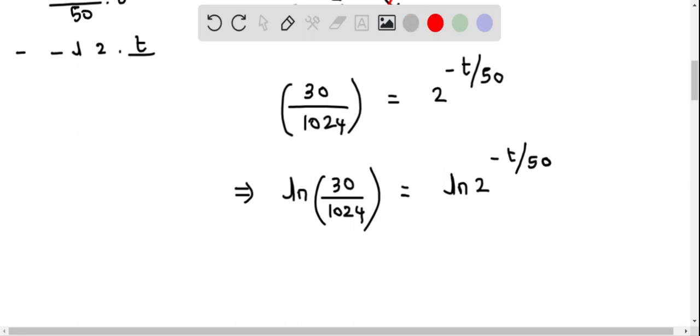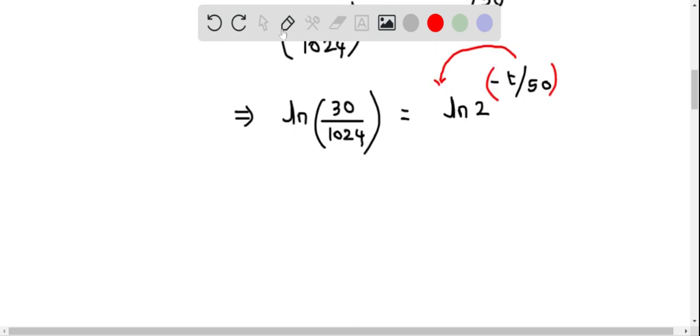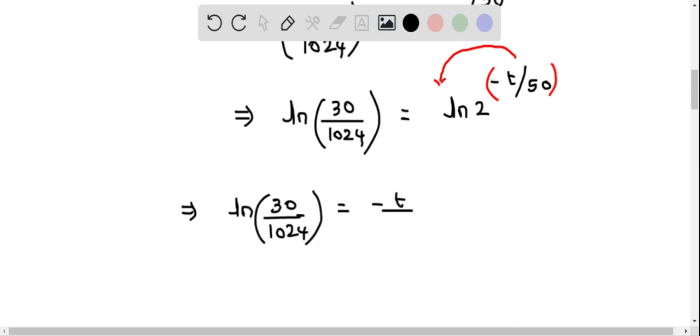Now again we use the power rule of natural logarithm, so this power will come in front, which gives us this equation, natural logarithm of 30 over 1024. This equals, I put this negative t over 50 in front, multiplied with the natural logarithm of 2.